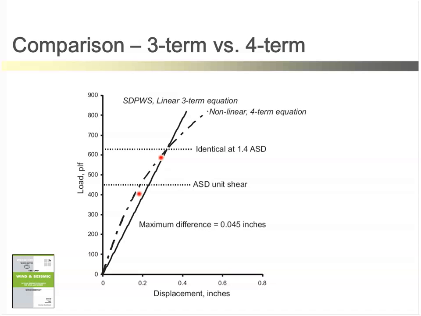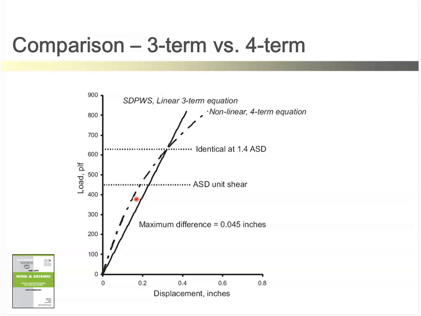And out here in this range where you will see some variance, it's as little as 0.045 inches as the maximum difference between the 3-term and the 4-term equation. Again, that's 0.045 inches. And so we feel like that small a difference is not necessarily significant in design, but you need to be aware that there are those differences.